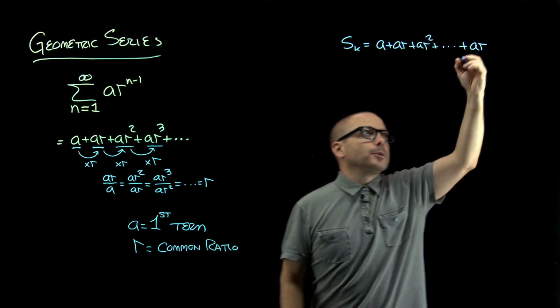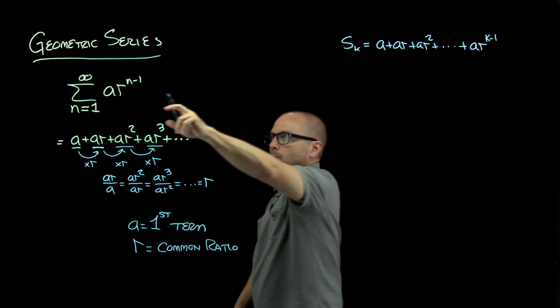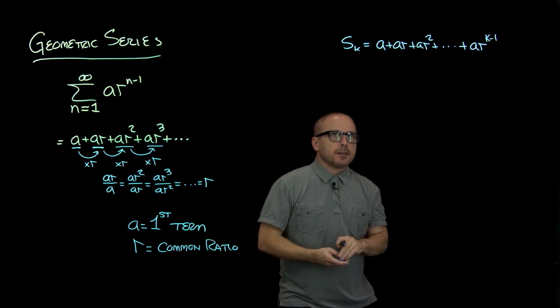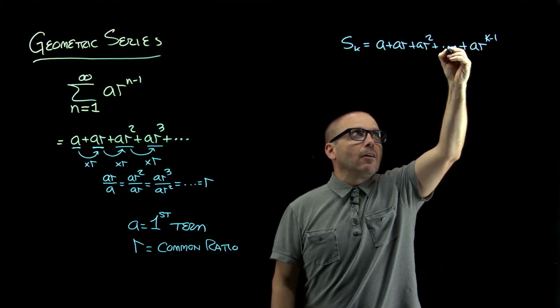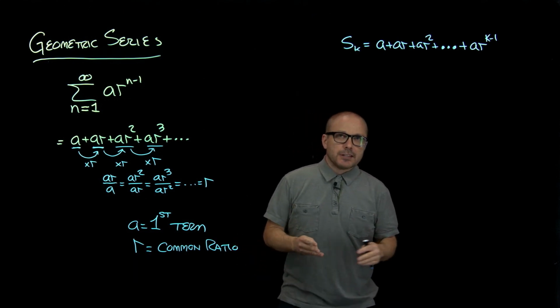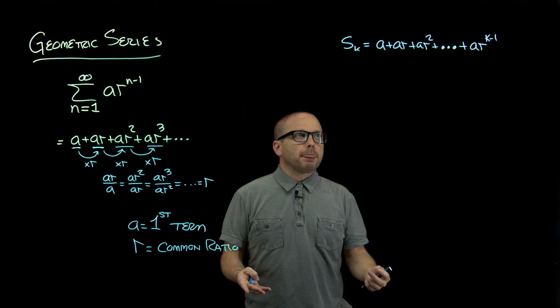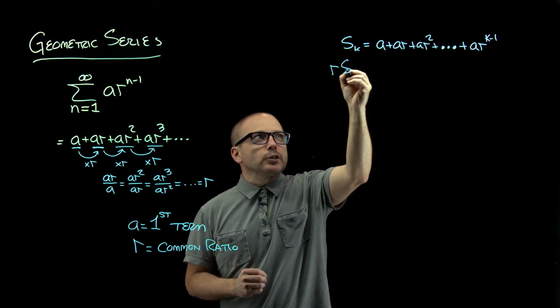So the kth term actually is 1 degree less, right? Okay. Now the goal here is to get rid of the dot, dot, dot. The problem is right now all this formula says is add them all up. But could we write it without the dot, dot, dot in some what we call closed form? And we can. And the trick is just a little algebra trick.